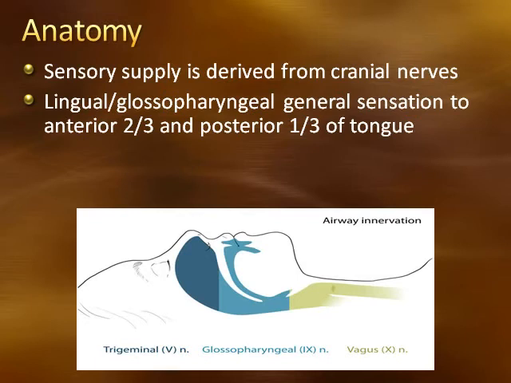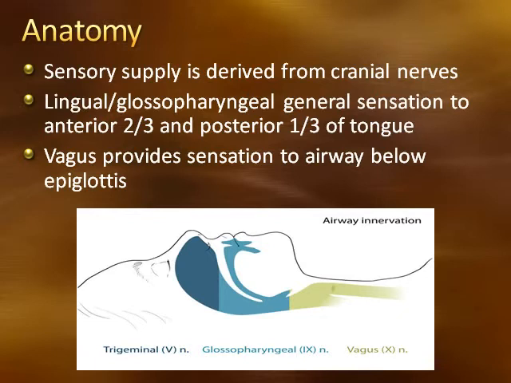The lingual nerve and the glossopharyngeal nerve provide general sensation to the anterior 2/3 and posterior 1/3 of the tongue. Branches of the facial nerve and glossopharyngeal nerve provide the sensation of taste to those areas. The glossopharyngeal nerve also innervates the roof of the pharynx, the tonsils, and the undersurface of the soft palate. The vagus nerve provides sensation to the airway below the epiglottis.